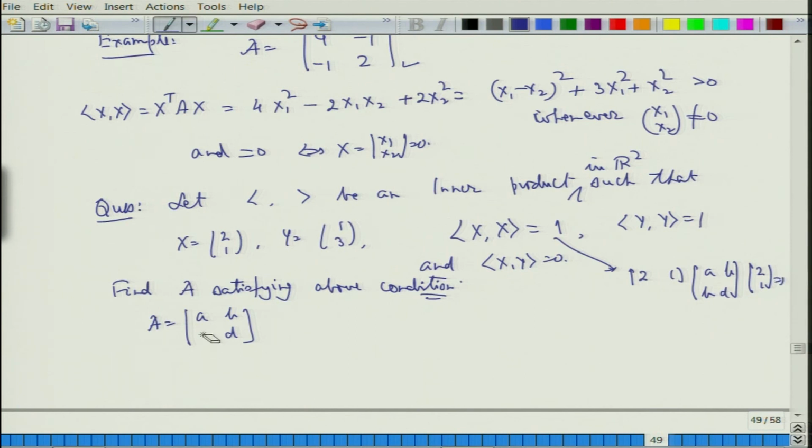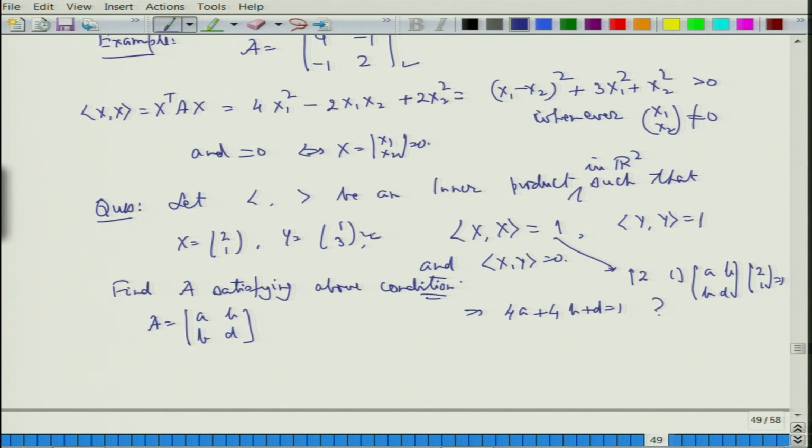Here the off-diagonal entry should be b itself because it has to be symmetric. So this will imply that 4a plus 4b plus d is 1. Just check it. 2 into 2 is 4 times a, plus 4b, plus d. Please check all these calculations, all right.